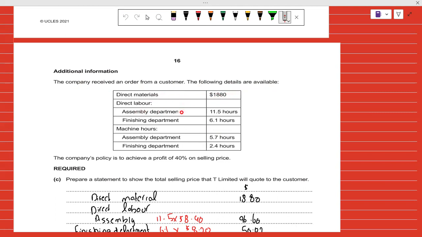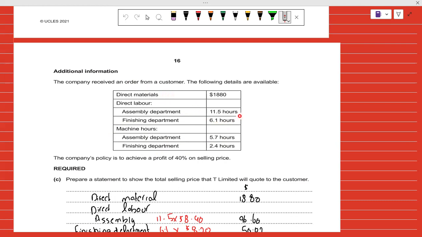1880. Direct labor for the assembly department is working 11.5 hours to complete this order, and in the finishing department, direct labor is working 6.1 hours to complete this order which we have gotten from the customer. And if we are talking about the machine hours, in the assembly department, the machine is working for 5.7 hours to complete this order, and in the finishing department, machinery is running for 2.5 hours to complete this order.